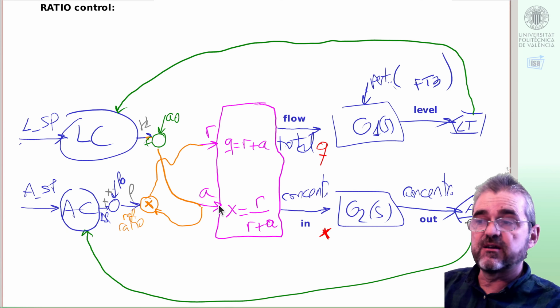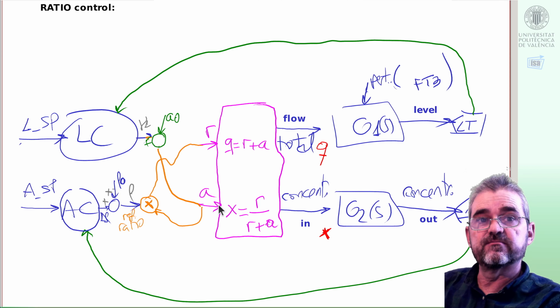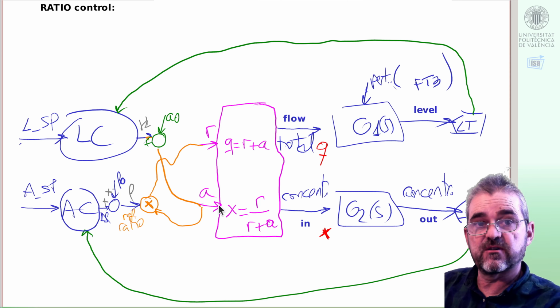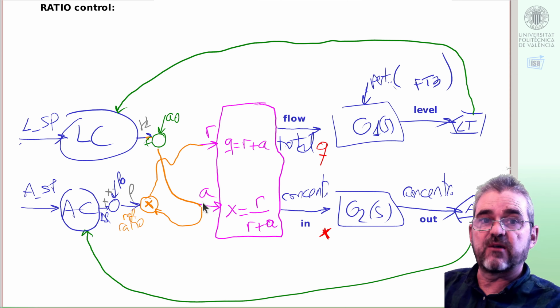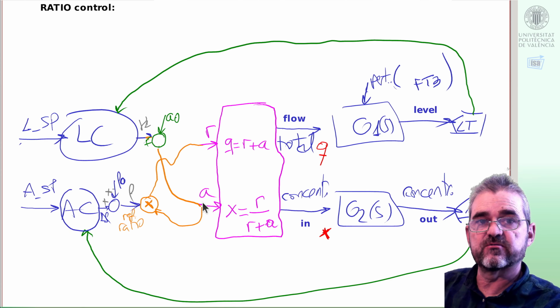Next, in concentration control, instead of deciding an increment of reagent flow, we'll think as follows. In our operating point, there must enter 1 liter of reagent for every 5 liters of water, or for each liter of water, 0.2 liters of reagent.